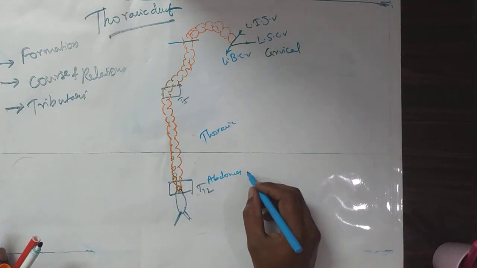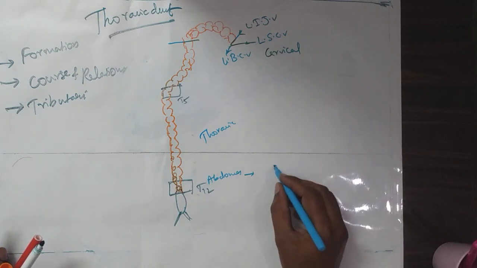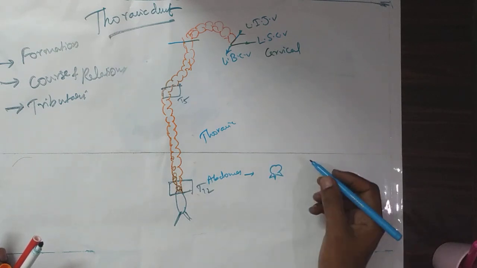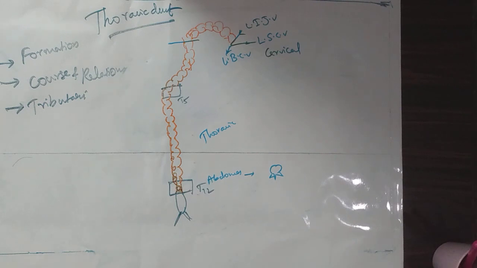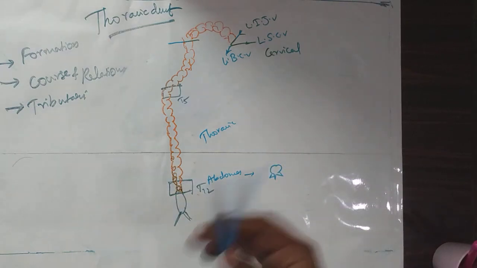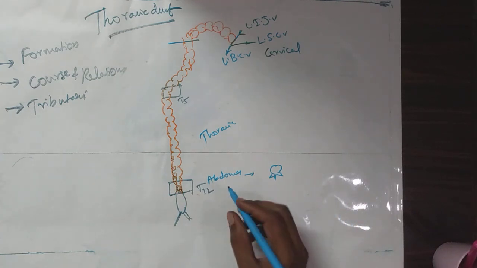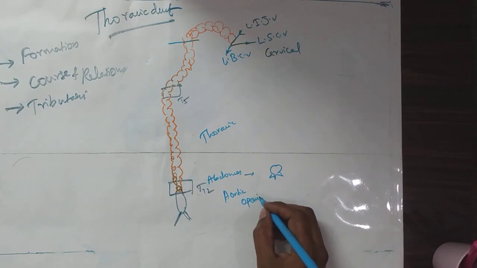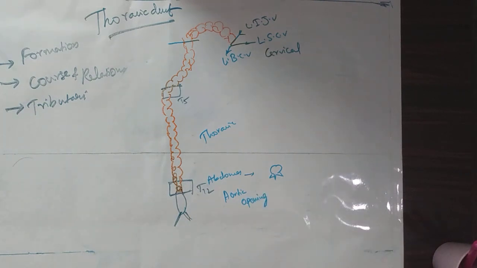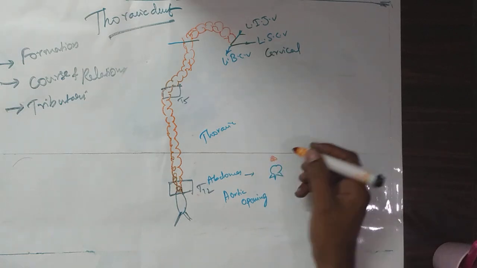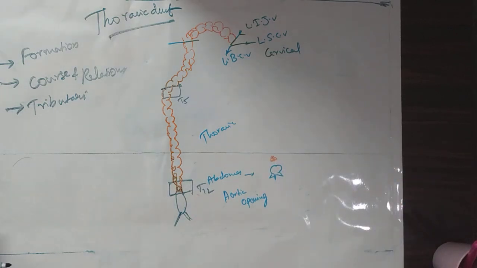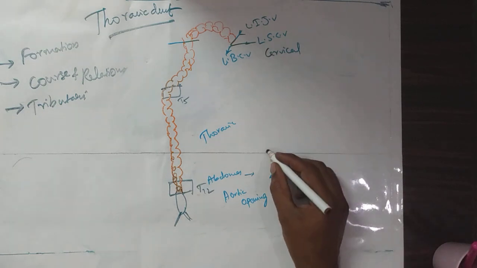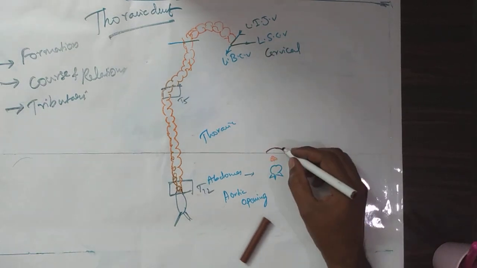At this region, how is it related? This is your vertebra. Posteriorly it's related with the T12 vertebra. At this T12, it is entering from the abdomen into the thorax via the aortic opening. Here, if this is your thoracic duct, anteriorly it's related with the median arcuate ligament.